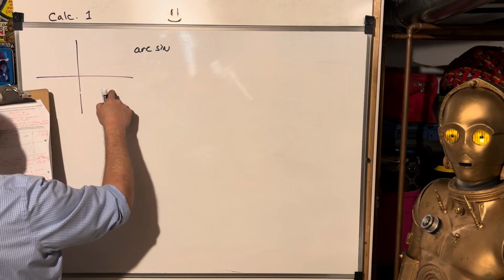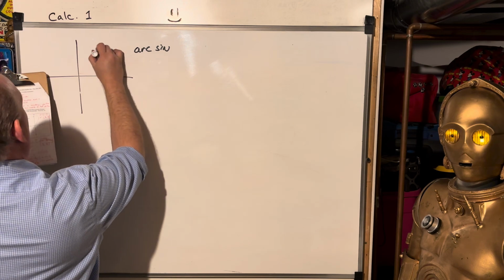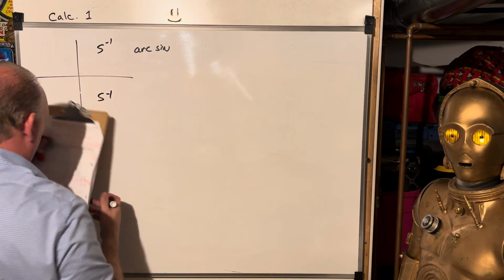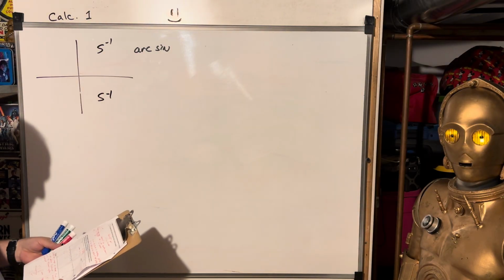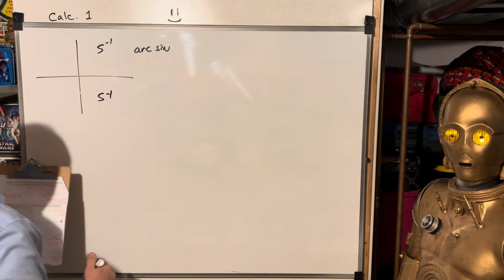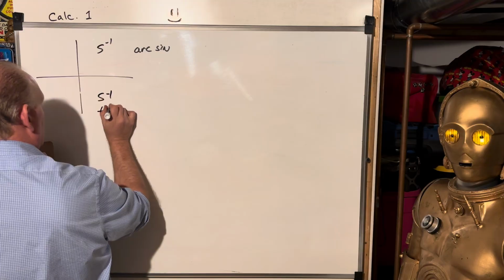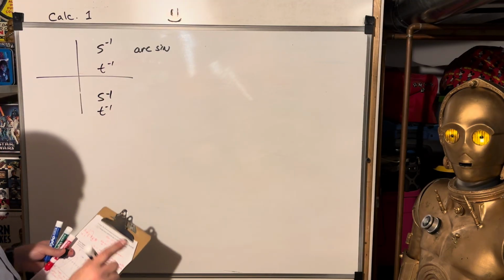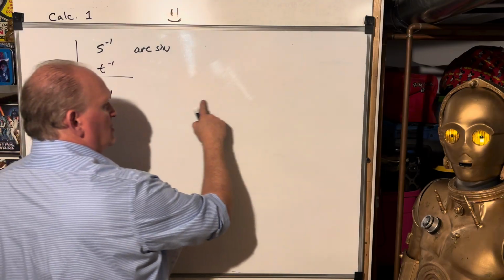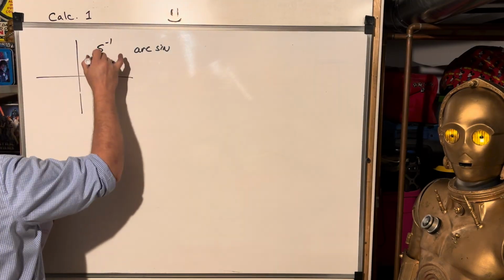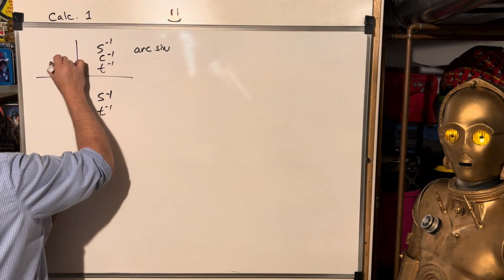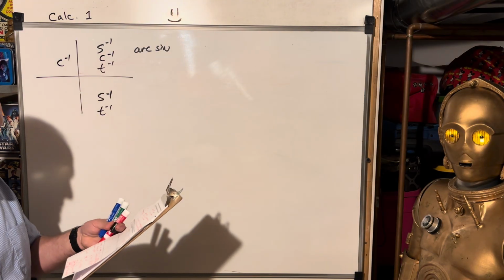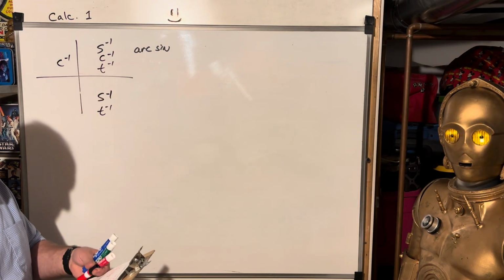And so the arc sine is there and there. Same as the arctangent. The arc cosine, that one they take from 0 to 180. So the arc cosine ends up in 1 and 2, not 1 and 4.